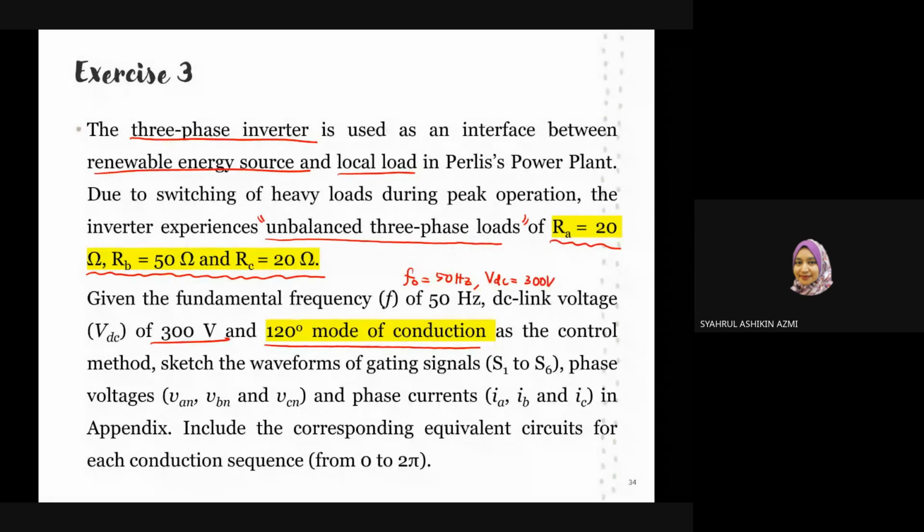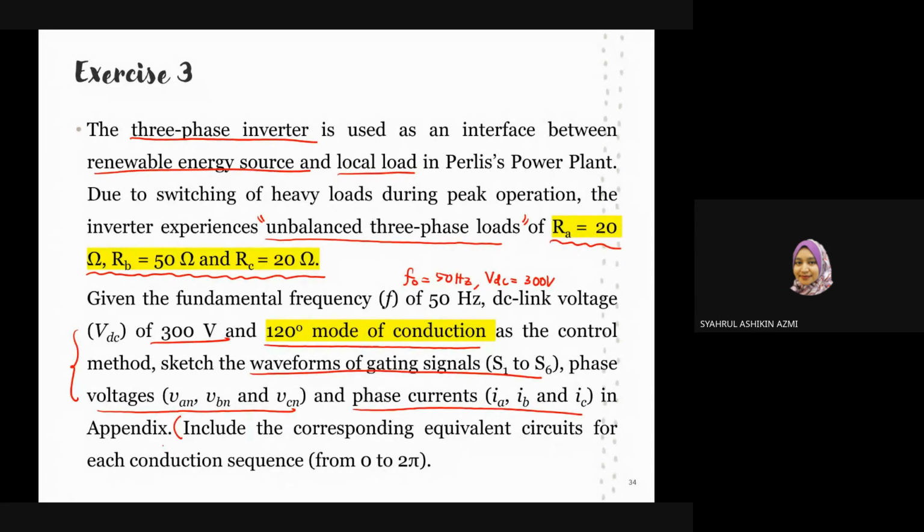What you need to do is sketch the waveform of the gating signals S1 to S6, the phase voltage waveform, and the phase current waveform. You need to sketch using the graph in the appendix that has been given.